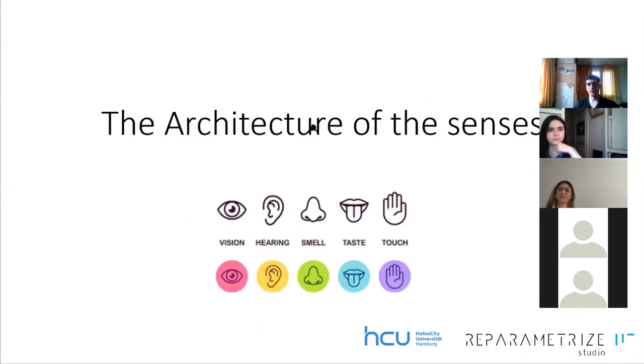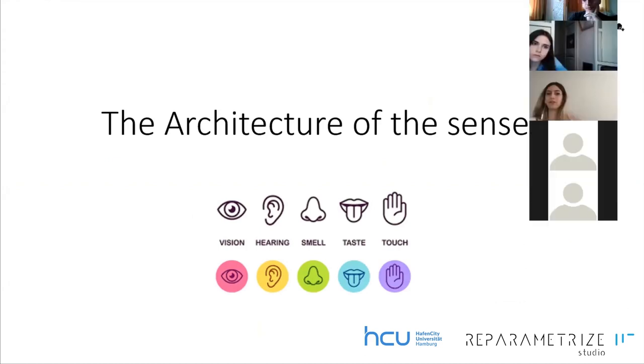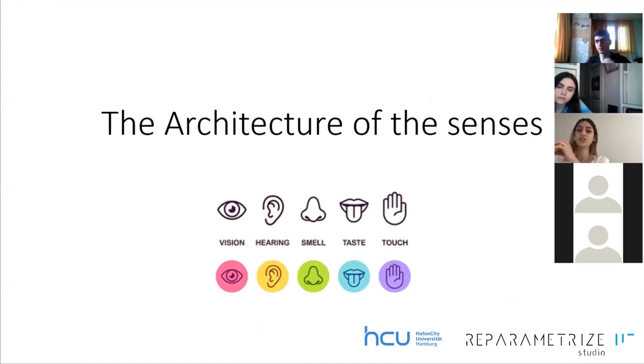Okay, so we're going to talk about the architecture of the senses. I'm not sure if you are familiar with this approach to architecture. What does it really mean that we can engage our senses to perceive any building?